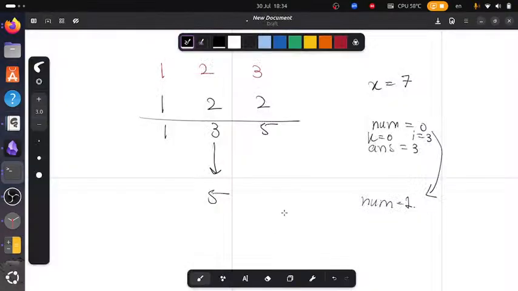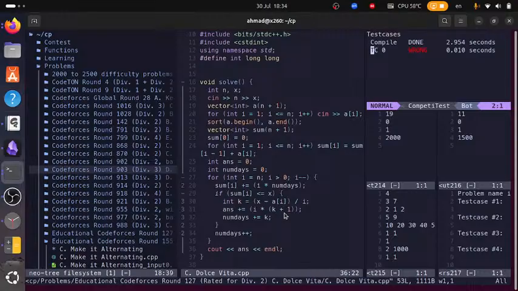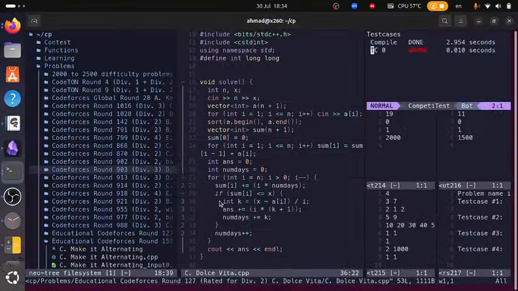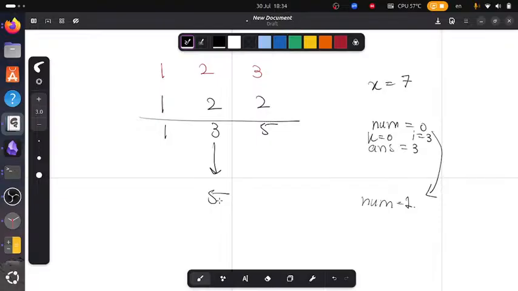K becomes x minus ai. So 7 minus 5, that gives us 2, and we divide 2 by 2 itself, which means, you see, we are failing here. This is not working.